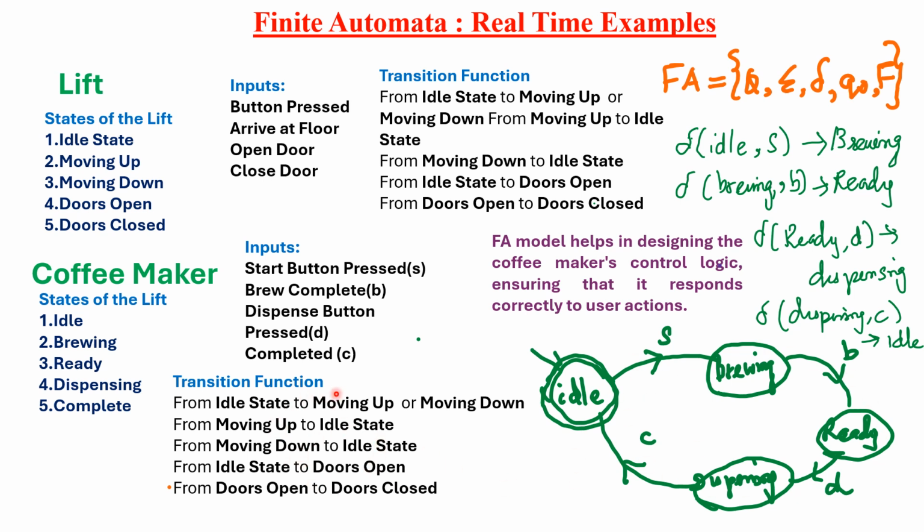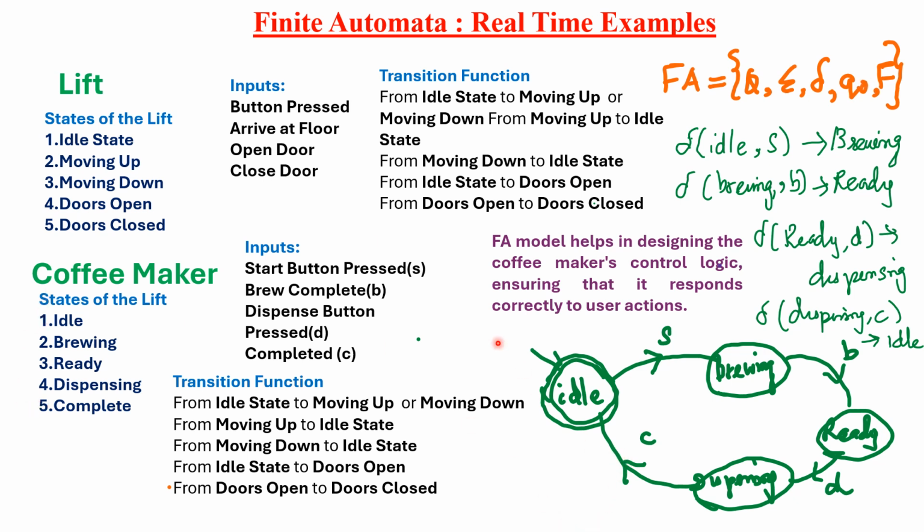So this is a representation of the transition function. Here the transition function is represented as delta. That is, the mathematical notation for transition functions we can represent as delta. For example, this is a transition diagram for the finite automata of the coffee maker.